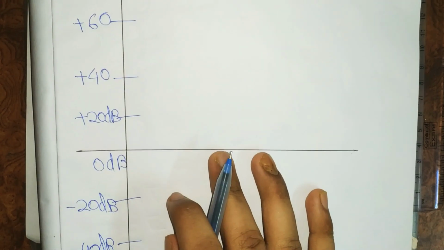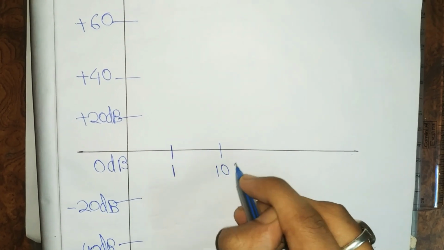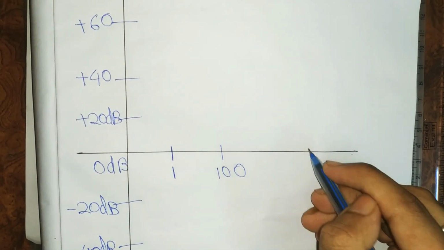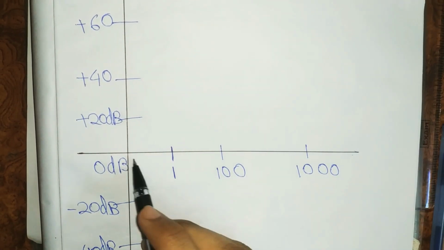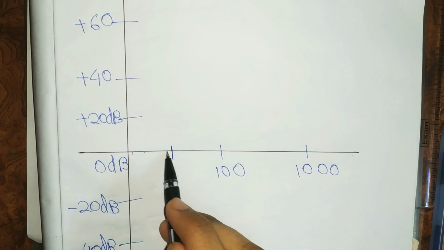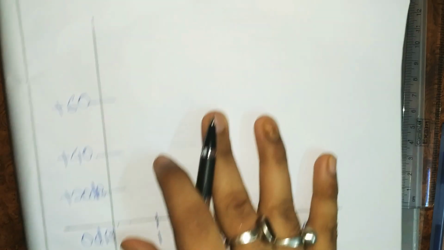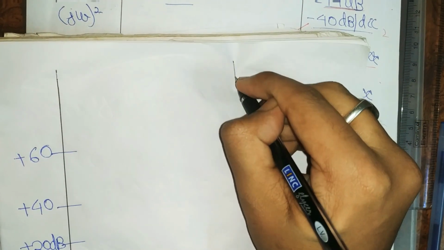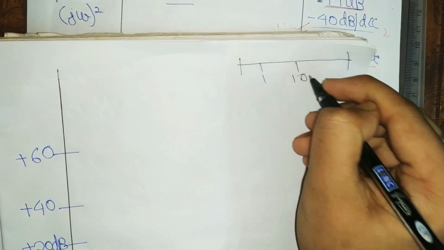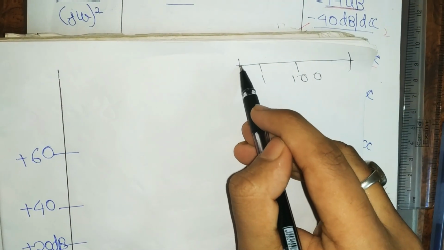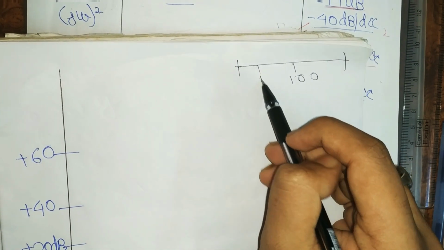And in semi-log graph paper it is different from the normal graph. So this is 1, this is 100, and between them you get 0.1, 0.2, 0.3, like this you will reach 1.